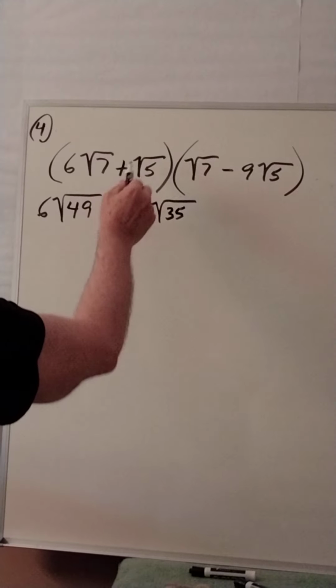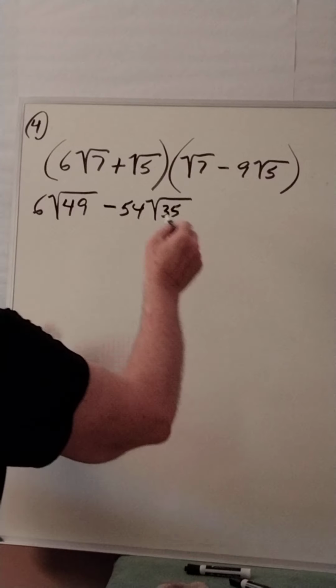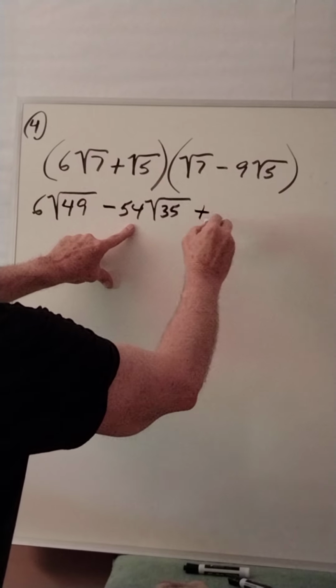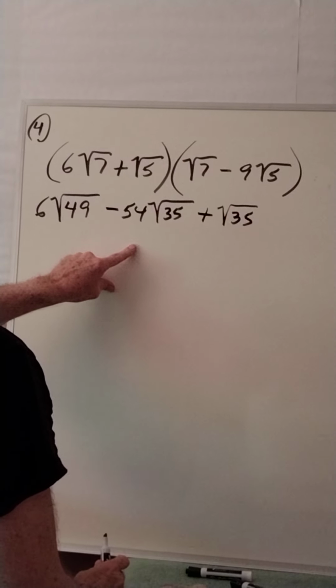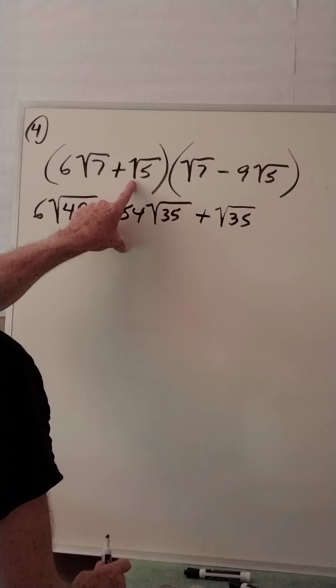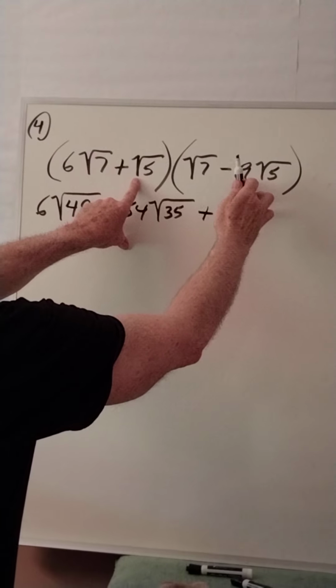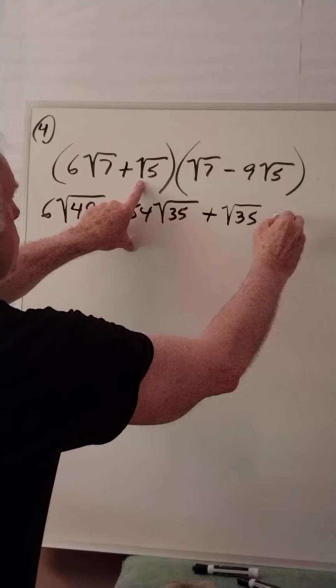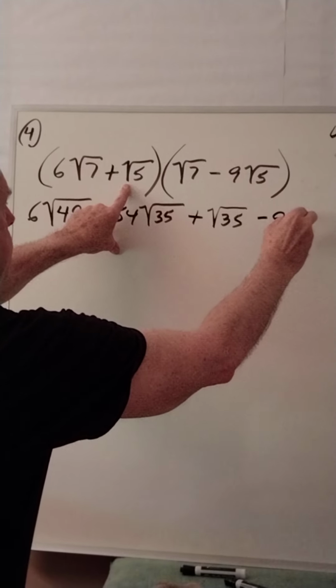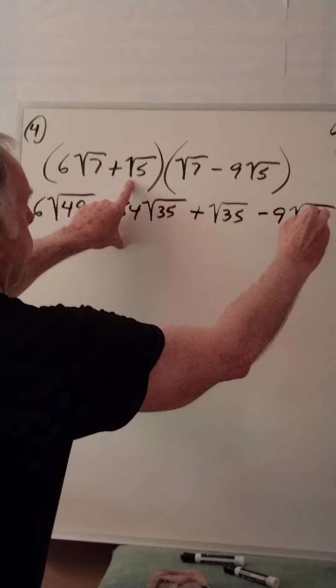Let's go to the inner. Positive times positive, positive root 35. And then the last. Positive root 5 multiplied by negative 9 root 5. Positive times negative, negative 9 root 25.